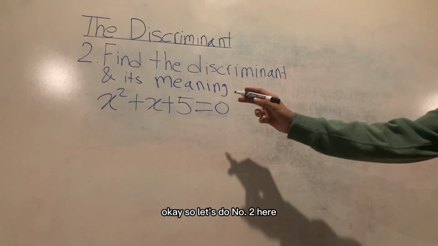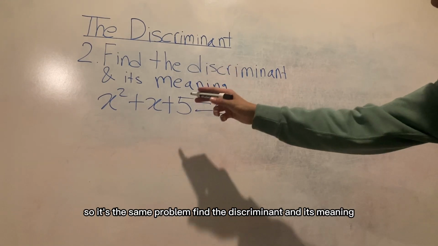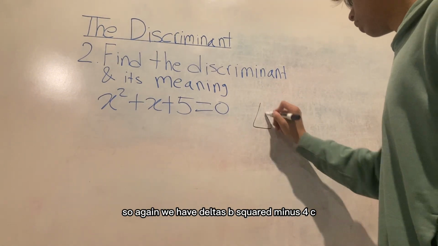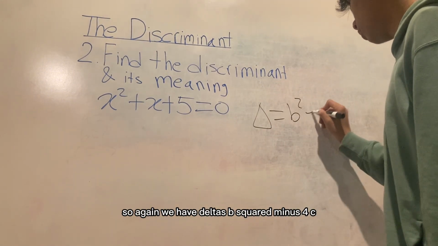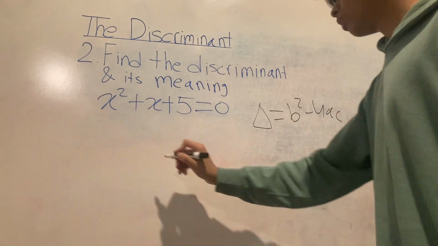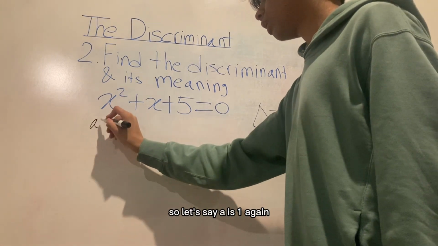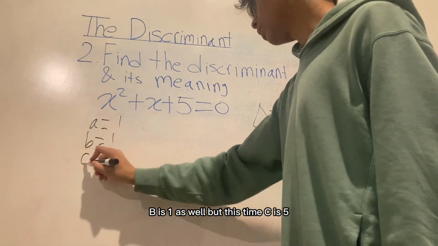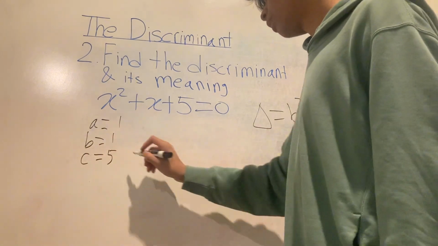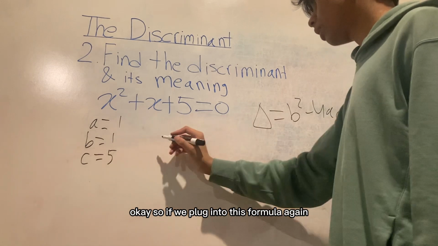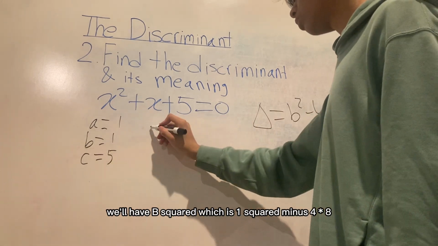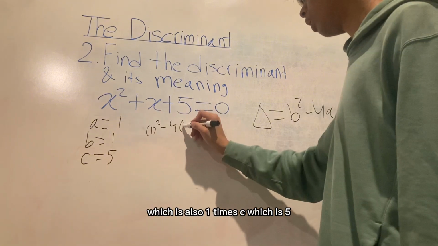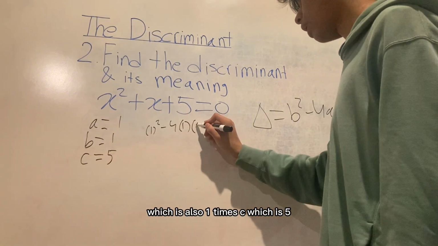Okay, so let's do number 2 here. It's the same problem: find the discriminant and its meaning. Again, we have delta as b squared minus 4ac. Let's say a is 1 again, b is 1 as well, but this time c is 5. Plugging into the formula again, we have b squared, which is 1 squared, minus 4 times a, which is also 1, times c, which is 5.